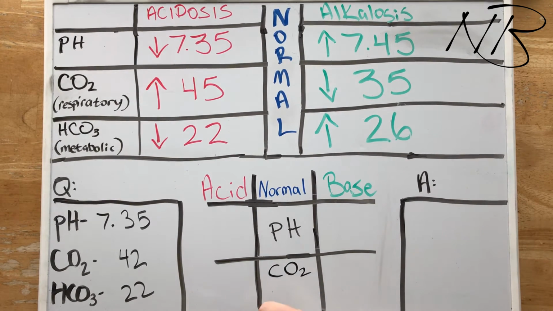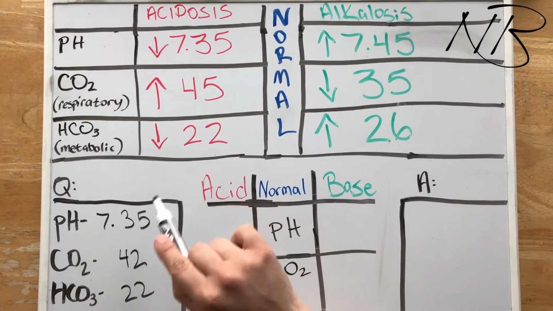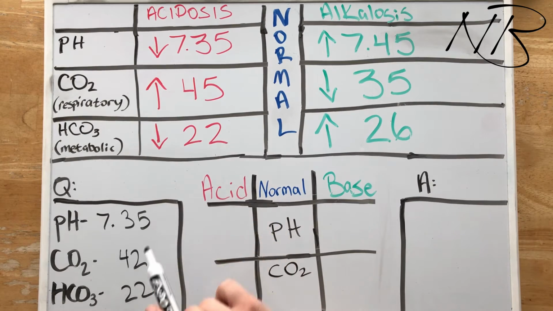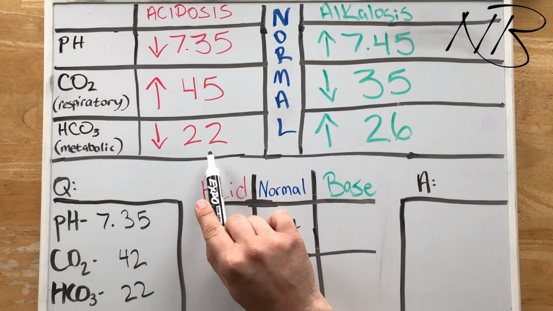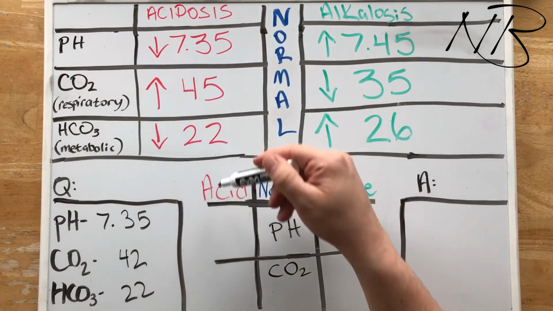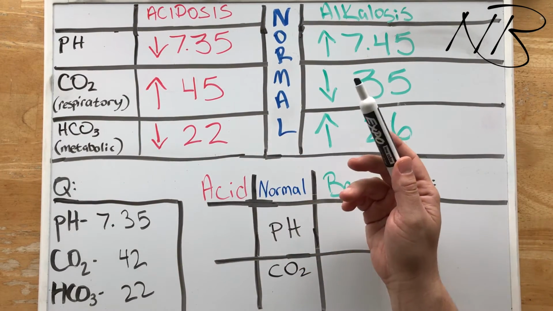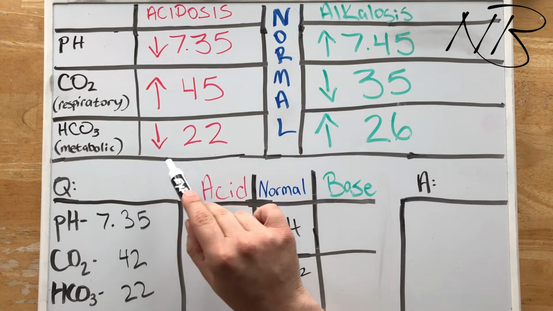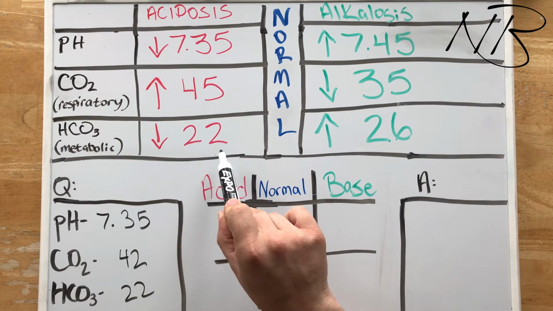And then our bicarbonate, well, we know that normal is 22 to 26. So it's important to know that when you're looking at this, don't say my bicarbonate is 22, I see 22 right there, therefore it must be in the acid column. No, don't forget your arrows. This is saying anything less than 22.